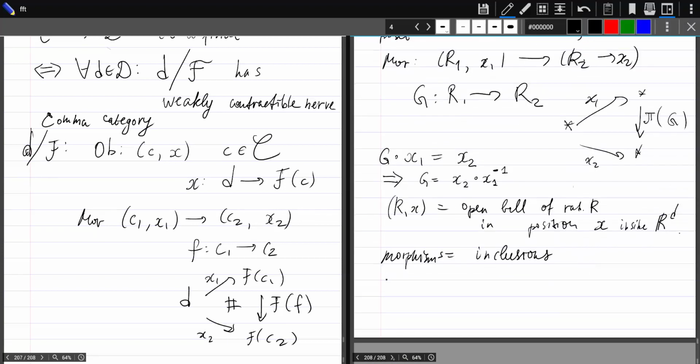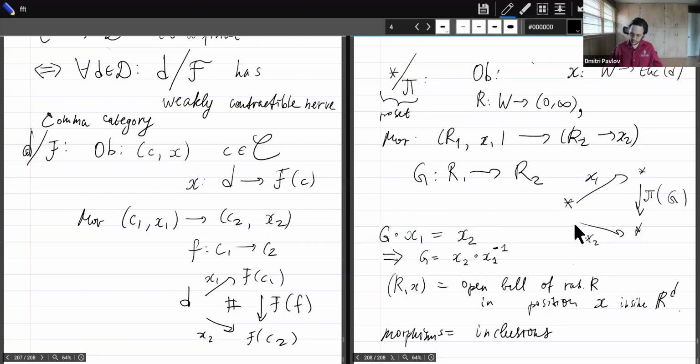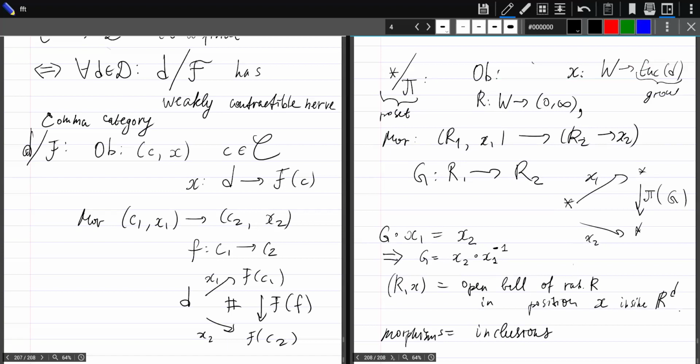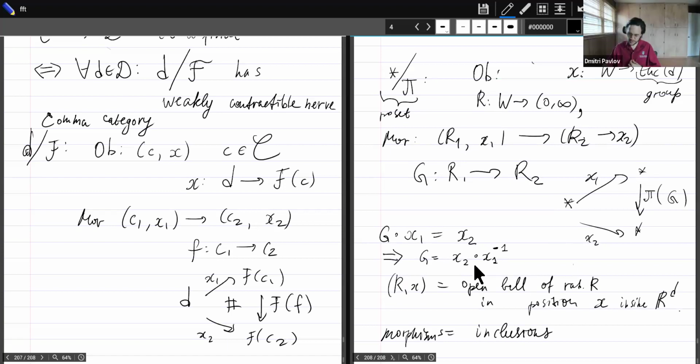So why do we have an inverse map? The inverse is the inverse in this group. This is a group, which has an inverse. It's a pointwise inverse, so for every point in W, you take the inverse.